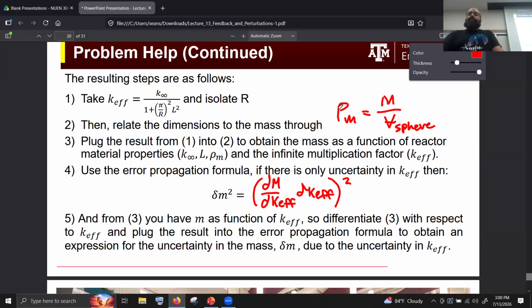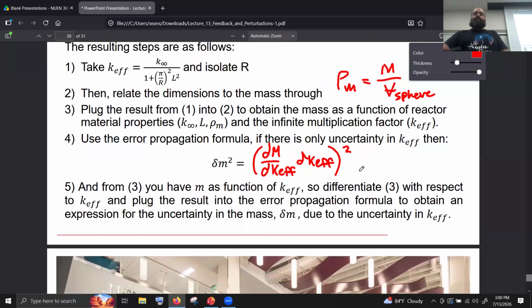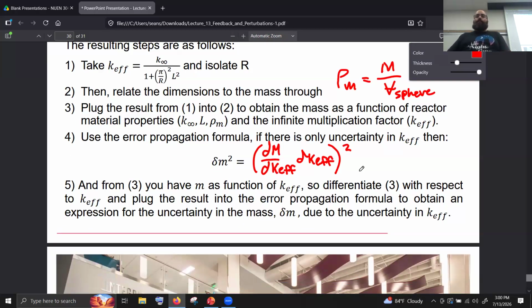You're going to take this relationship that you get for the mass, which depends on k effective and some other things, but you're only assuming that the uncertainty in the mass is due to that uncertainty in k effective. You'll take the derivative, multiply by that uncertainty in k effective, and that'll get you the uncertainty in your mass due to that uncertainty in k effective. Those are the steps you would go through to get that final expression, and that's how you would get the solution in that last part of the problem set.